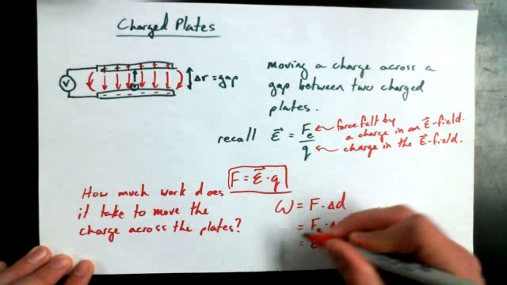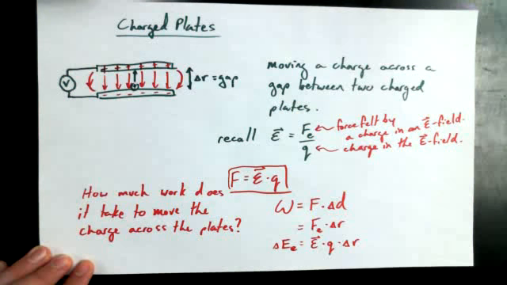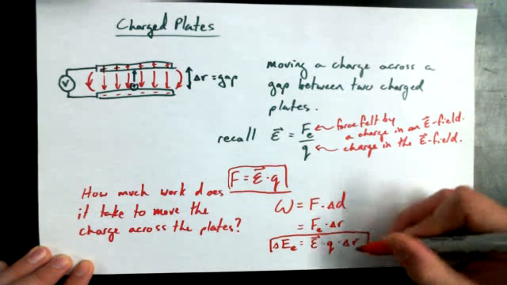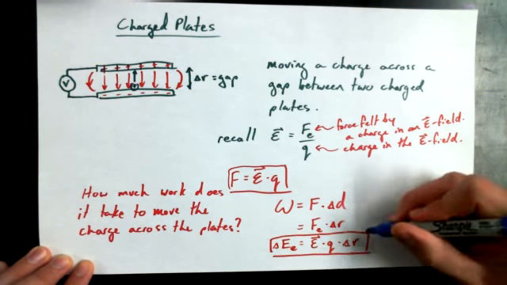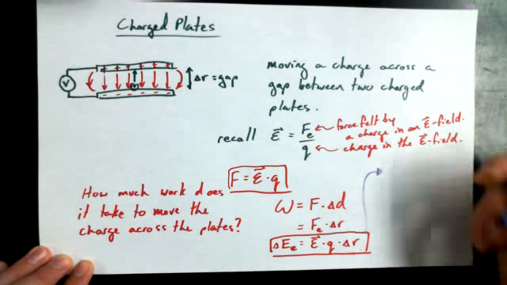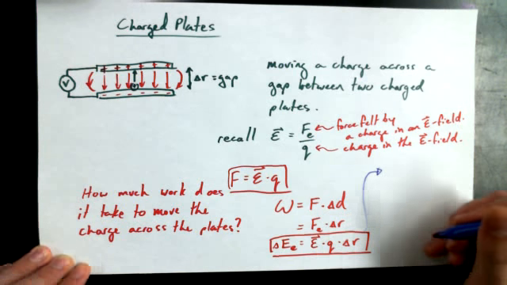Now that's the change in electric energy. And that's great and everything. I want to go a little bit further though. What if I try to do a little bit of algebraic manipulation?